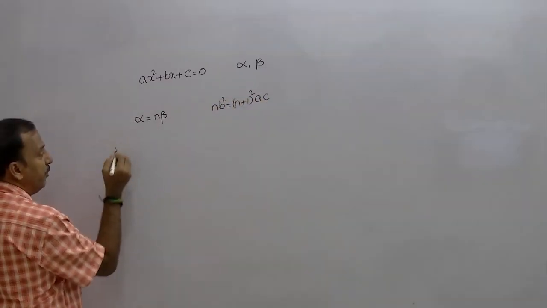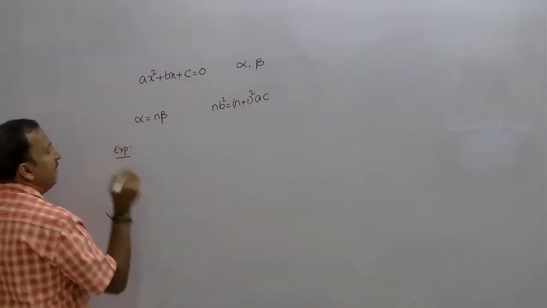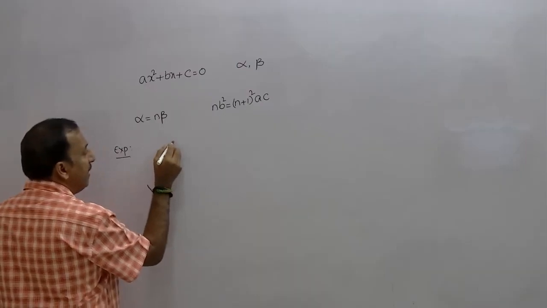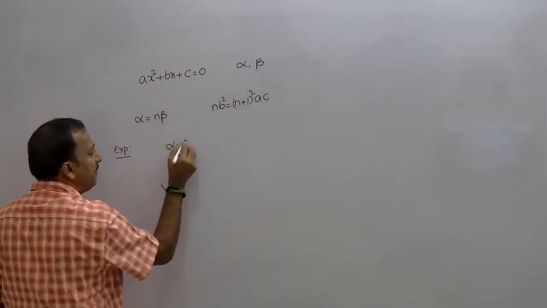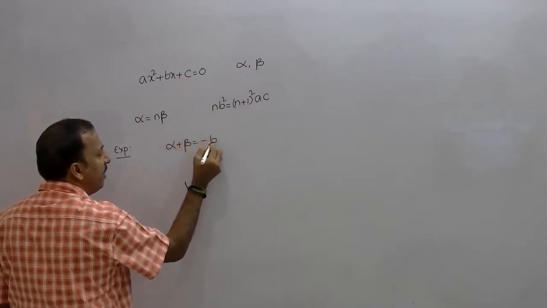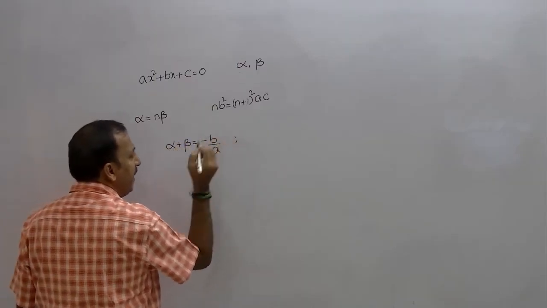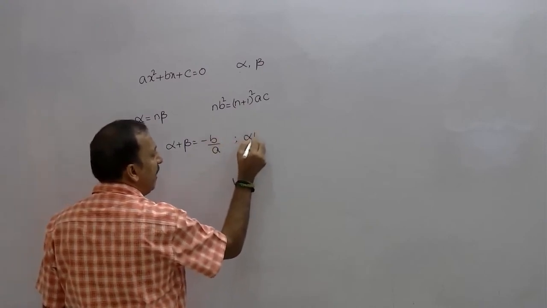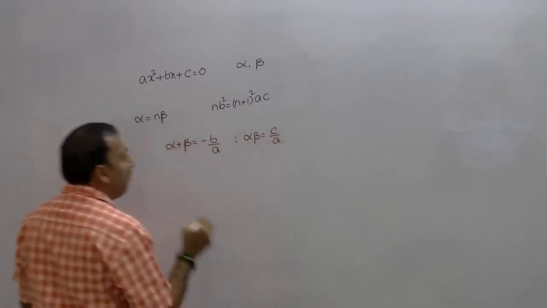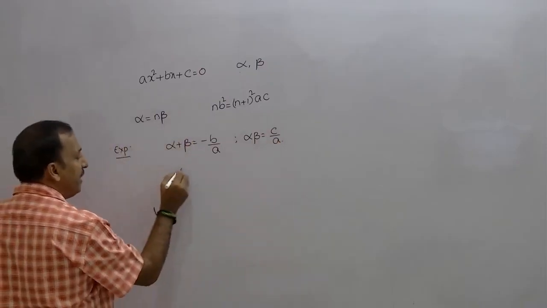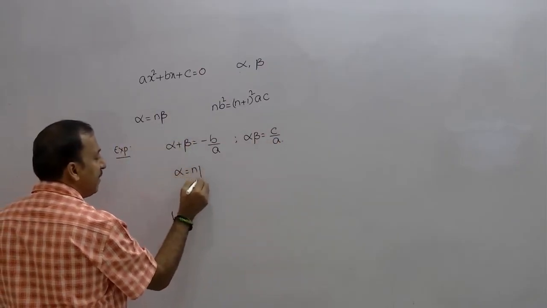How to prove? Explanation. See, we know that if alpha and beta are the roots of this equation, alpha plus beta, the sum of the roots, is minus b by a, and the product of the roots, alpha into beta, is equal to c by a. But what is given? One root is n times the other root.